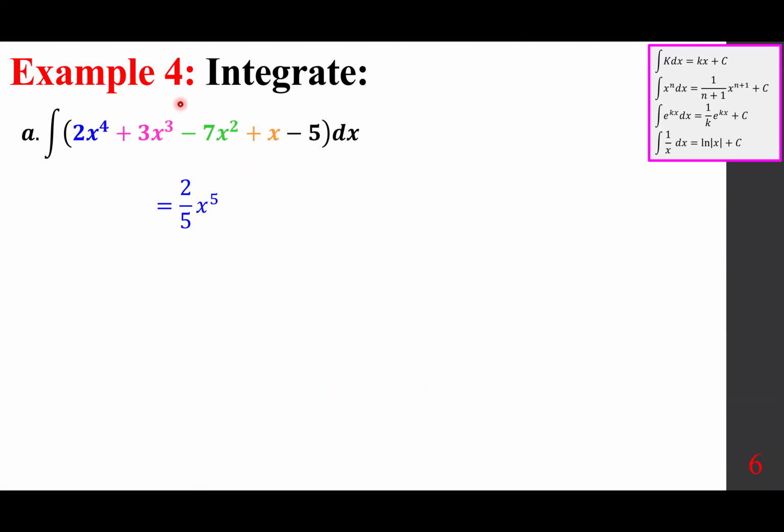This one, take it up, make it 4. 3/4 x to the power of 4. Take it up, make it 3, minus 7/3 x cubed. This one again, as you recall, when x is given, the exponent is 1. So 1/2 x squared minus 5x plus a constant.